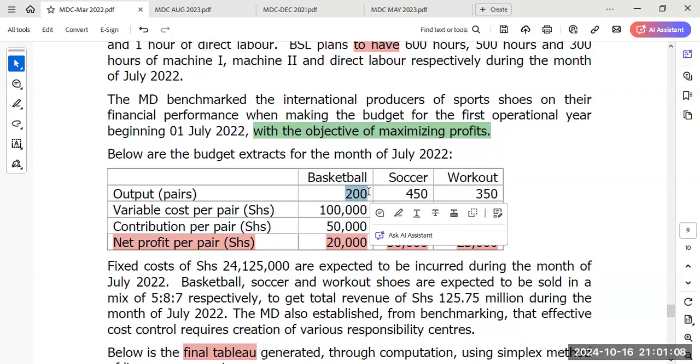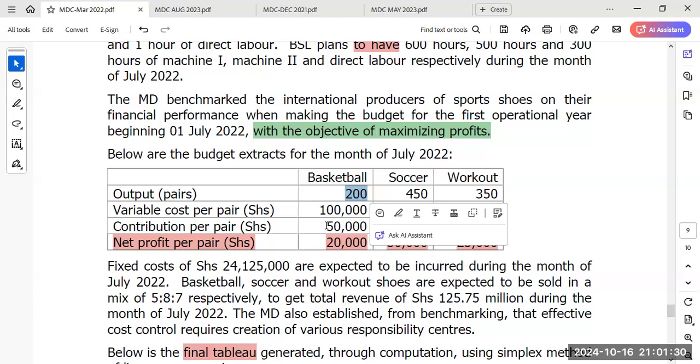Now, when you do that, it is ideally not correct. The reason is that as you state your objective function, it is based on a unit. It is based on just one unit. It is not based on the overall.